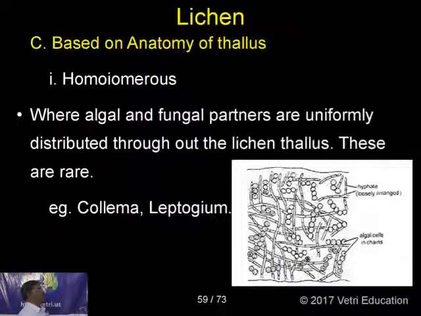The one is called homoiomerous, where algal and fungal partners are uniformly distributed throughout the lichen thallus. In the diagram given here, the rounded structures are algae and the filamentous structures are fungi, and they are uniformly mixed. Examples of this type are Collema and Leptogium.